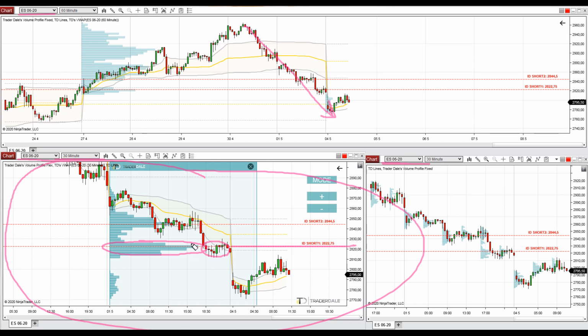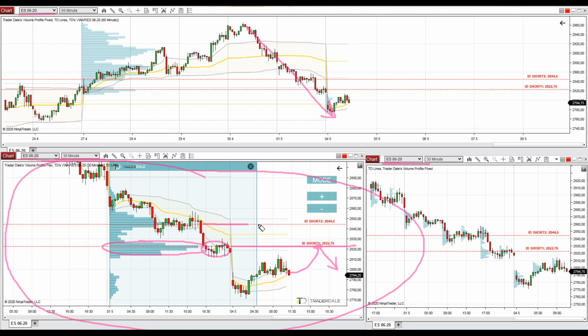So I think that sellers were adding to their selling positions in here, and then there was this opening gap, and I think that the gap will get closed soon and that the price will react to those massive volumes and the sellers will take over again and they'll push the price downwards again. But first the gap needs to be closed, and then the price is most likely to react to those volumes.